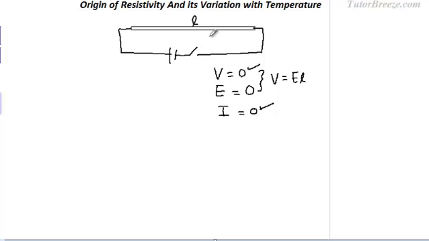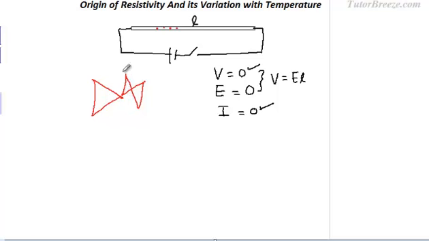But suppose we take a look inside the conductor, what do you expect to find? Do you think all the charges are at rest inside the conductor since the current is 0? No, that's not true at all. Inside the conductor, let's say the conductor is aluminium or copper, you have free electrons which are moving in completely random directions.